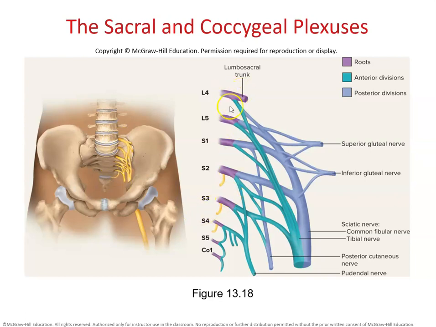And we've got the same kind of structure. We have the roots, the turquoise anterior divisions, and then the posterior division. And notice that these are coming together into the sciatic nerve. Okay, so the sciatic nerve is here, and that's going to extend down the leg.